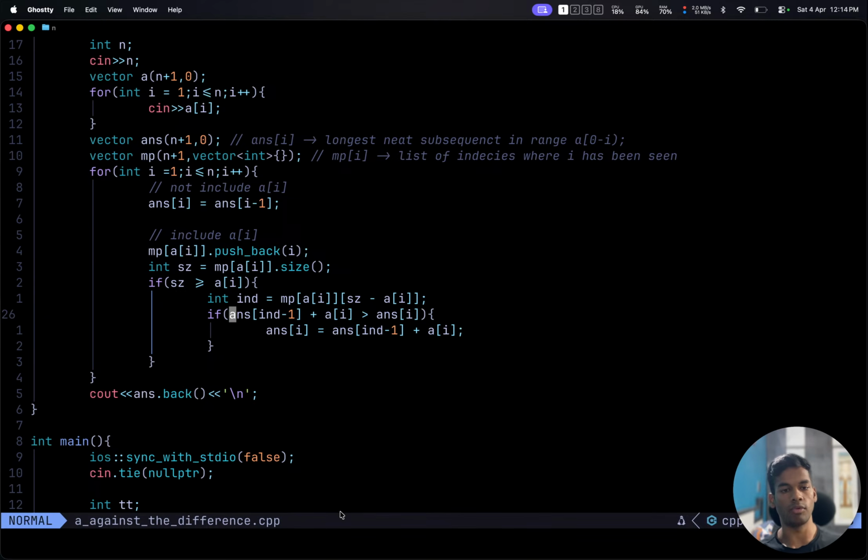Therefore we need to find the best value in last element -1 index.